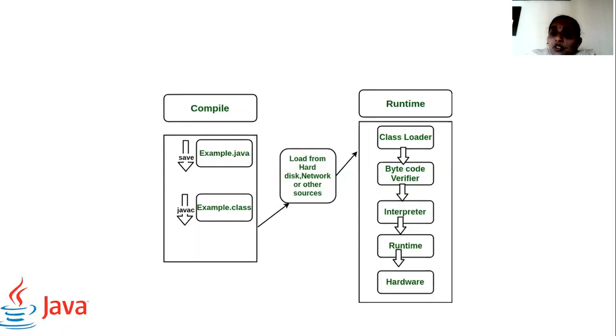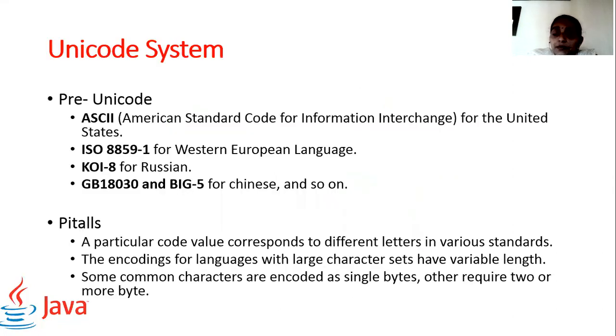It is transported from the compile time environment to the runtime environment thanks to the JVM, and then the class loaders happen, the bytecode is verified, and then the interpreter comes into picture, which now helps your program to run on any OS hardware.